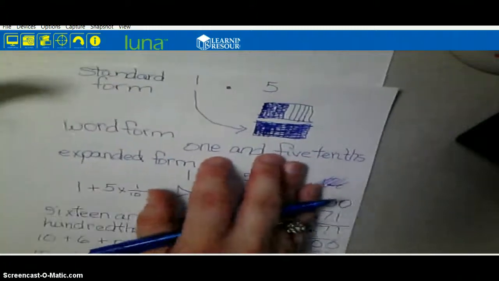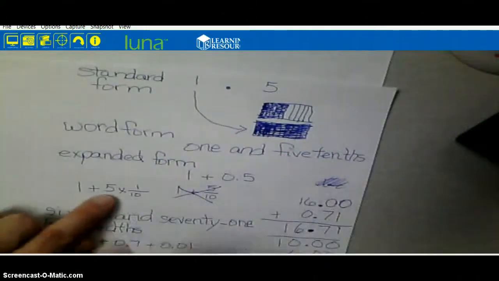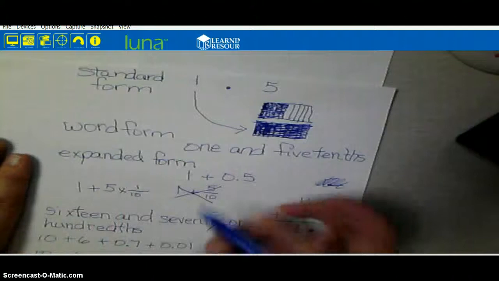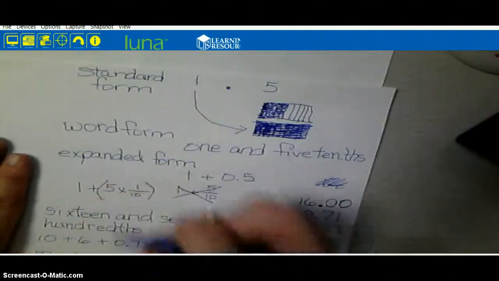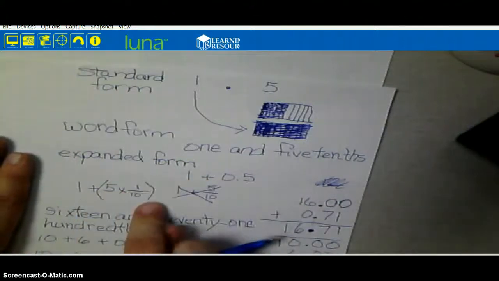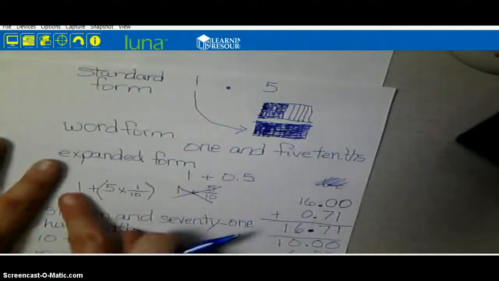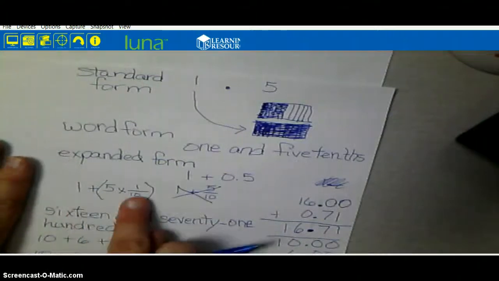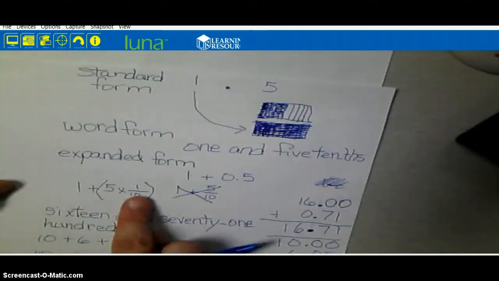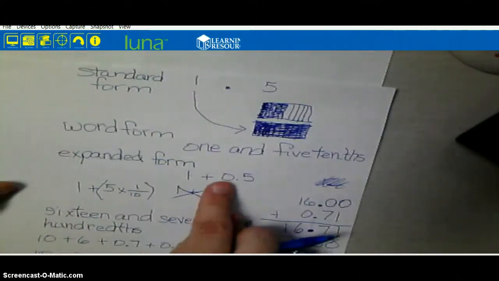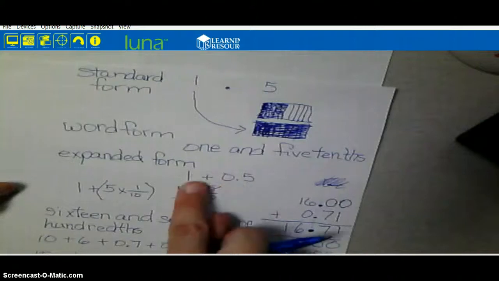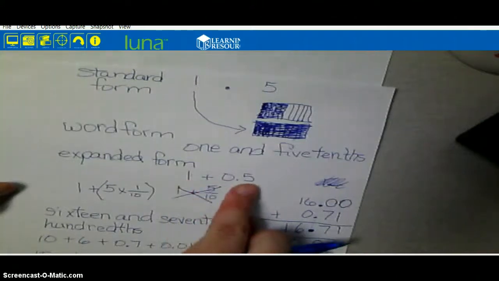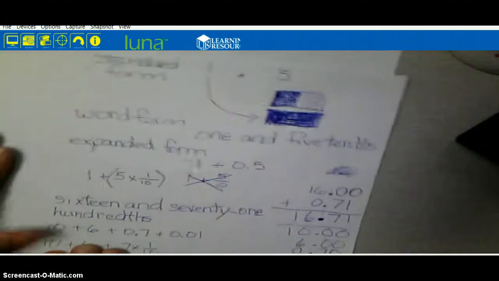So we have 5 in the place, but we have it times 1/10, and here's where we'll have to use our parentheses, excuse me. All right, so that's how I would show expanded form if I wanted to use the fraction format. If I just wanted to do decimals, here's how I would write it. 1 plus 0.5. So that means 0 whole, and then that means 5/10.